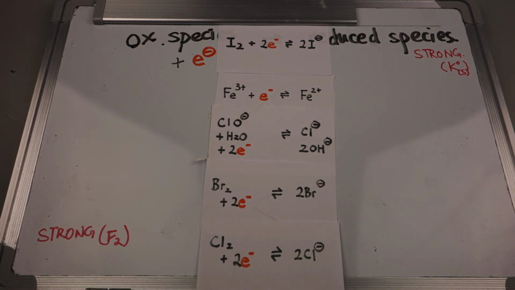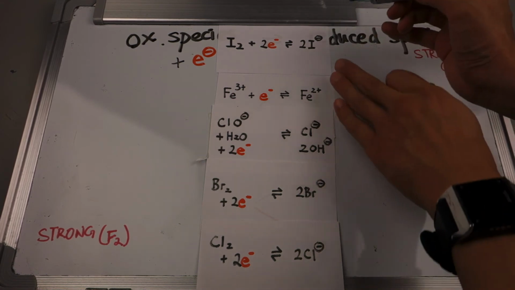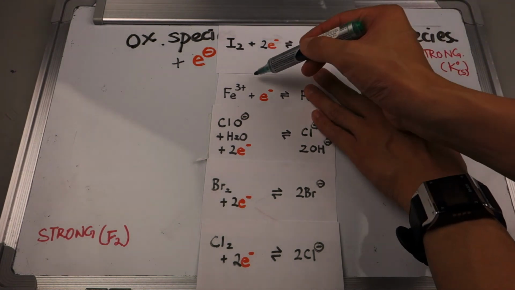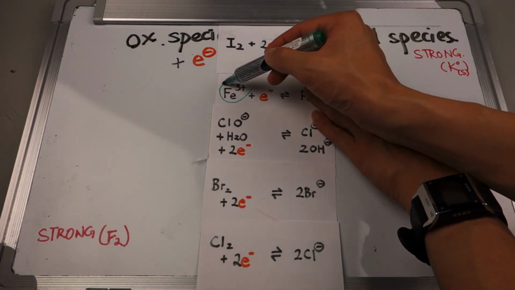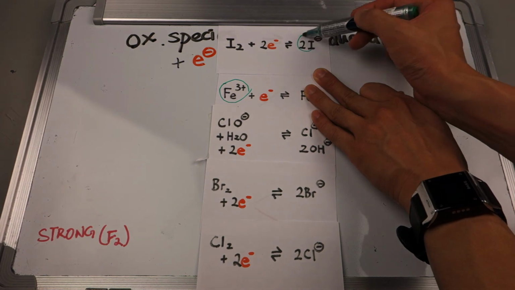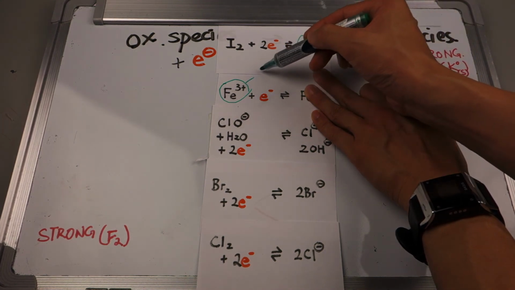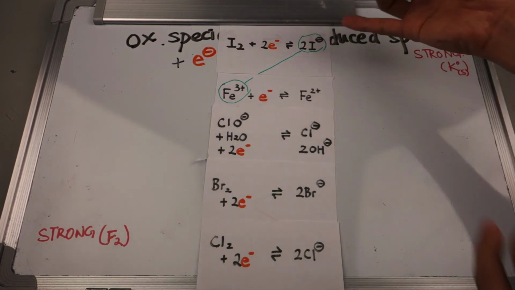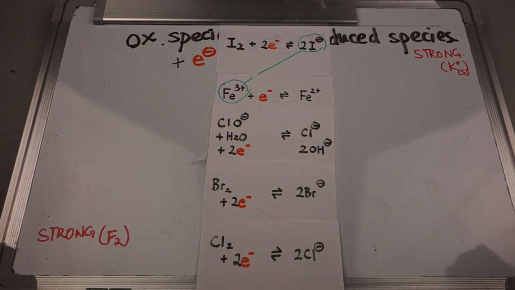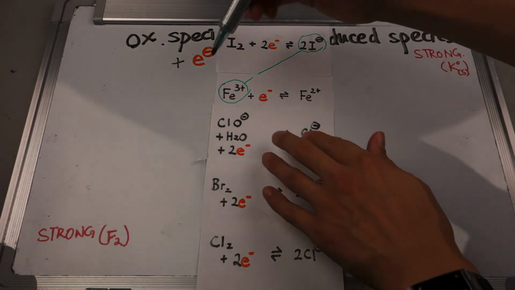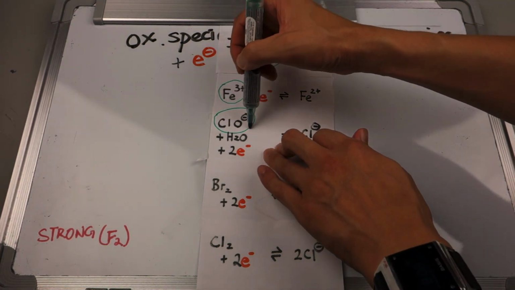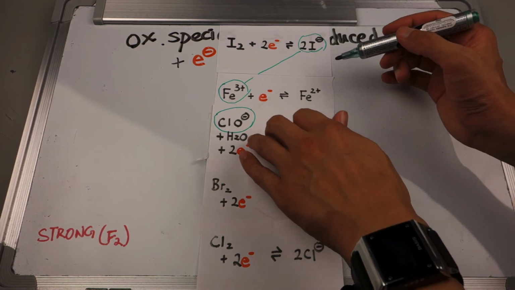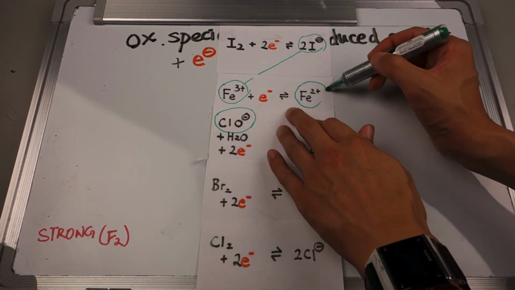So to recap what we have seen in all of our reactions, in our first reaction, we saw that iron 3+ reacts with I-. That is an allowed reaction, and this is represented in our scheme. In the second reaction with ClO-, we have iron 2+, and there's a reaction between the two.